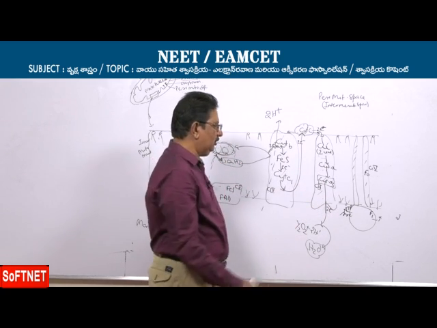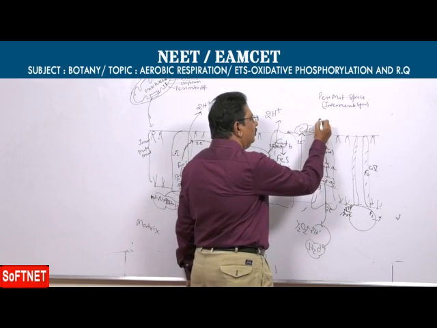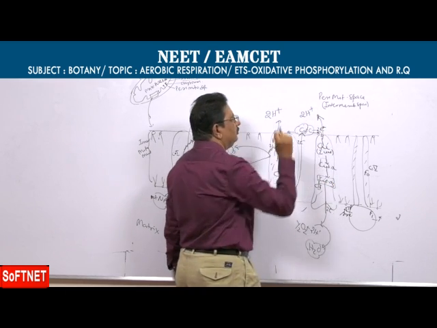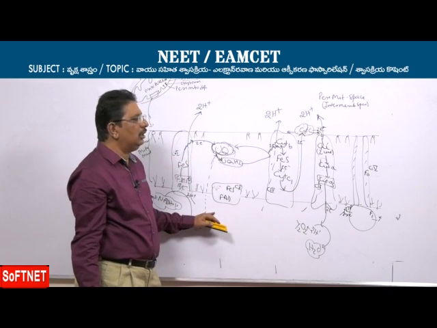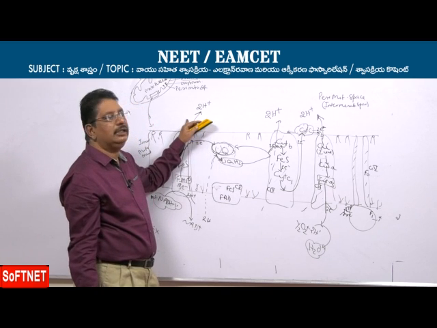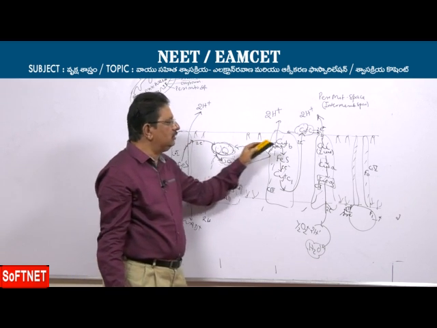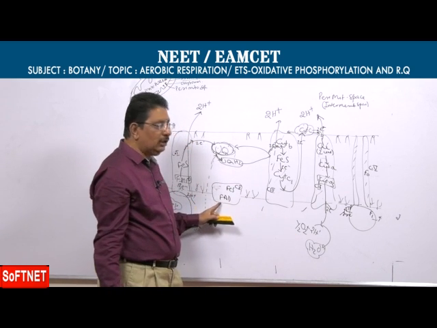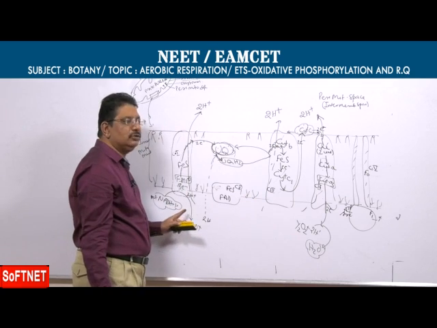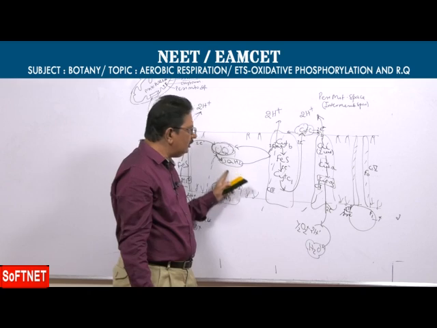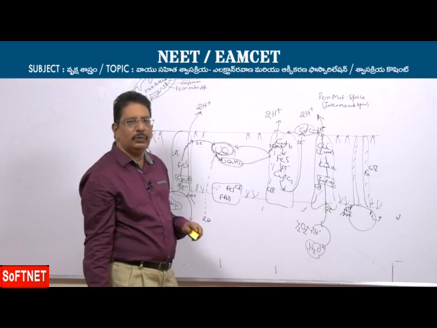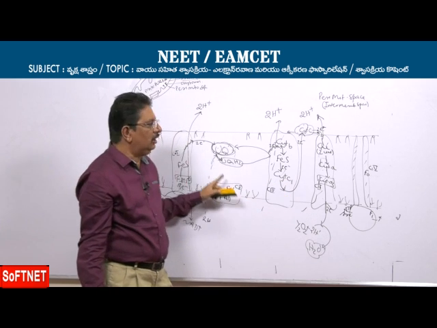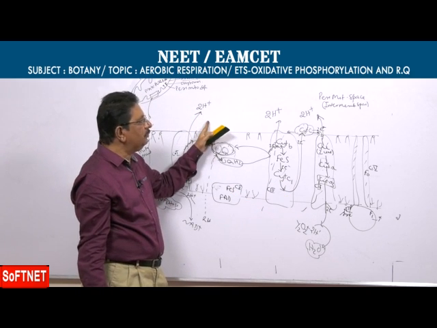During this transfer of electrons, complex 4 utilizes the electron energy and pumps 2 more protons. So, protons are slowly accumulating in the intermembrane space as the electrons are moving from NADH to oxygen. So, this completes the electron journey from NADH to oxygen. But during this electron journey, according to redox potential, there is pumping of protons into the intermembrane space.